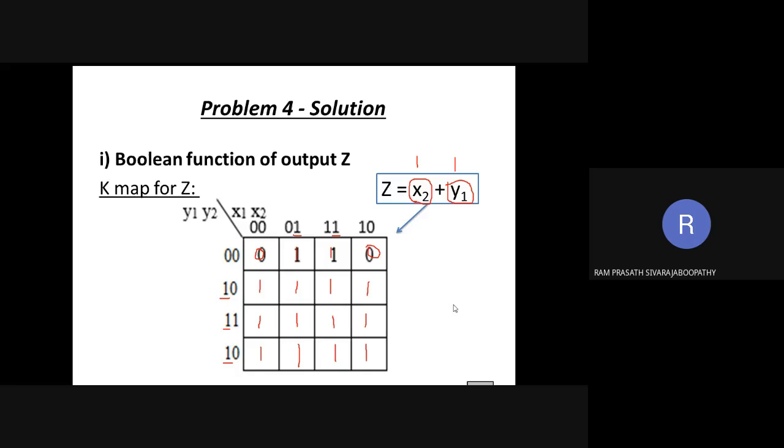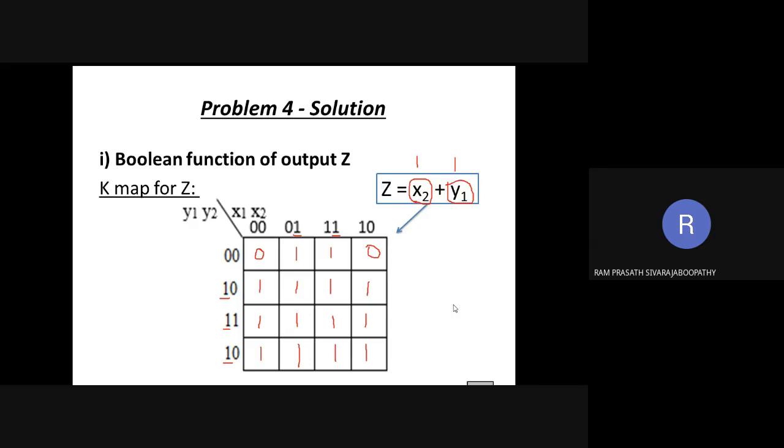Here it must come 1 only. If y1 is 1, output must be 1 only. So here there is a mistake. What we marked is correct, the outcome given is wrong. This is the correct one.